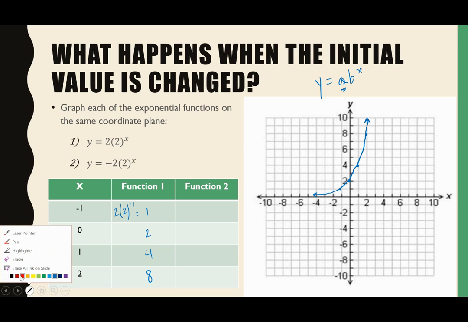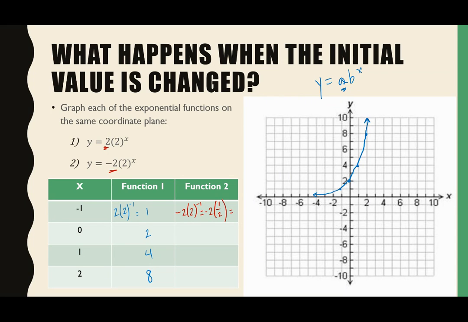And then we're going to compare it to a negative a value. So we're looking at our a values. I would have -2 times 2 to the power of -1. So that results in -2 times 1/2. Okay, well that's -1.